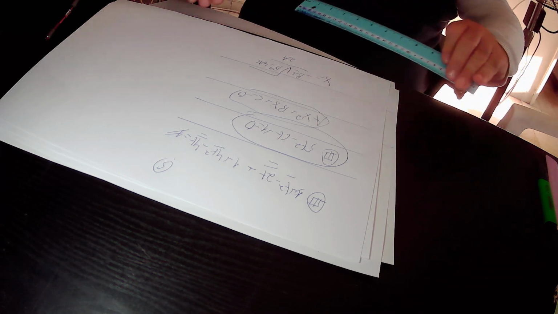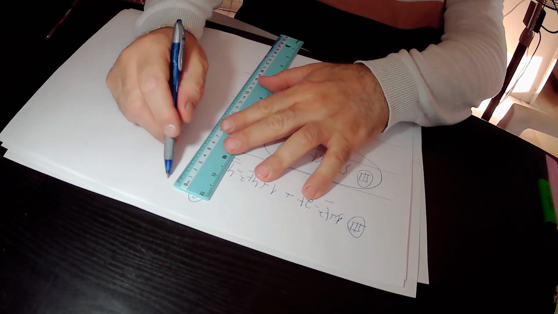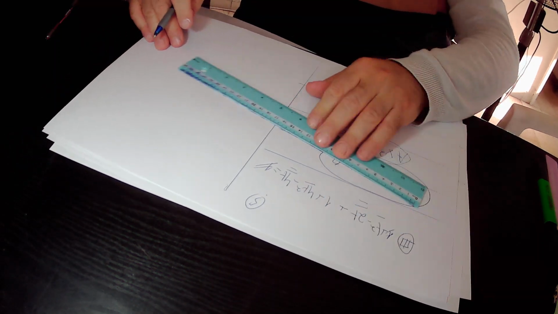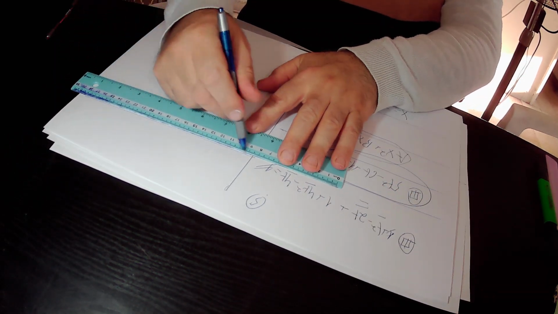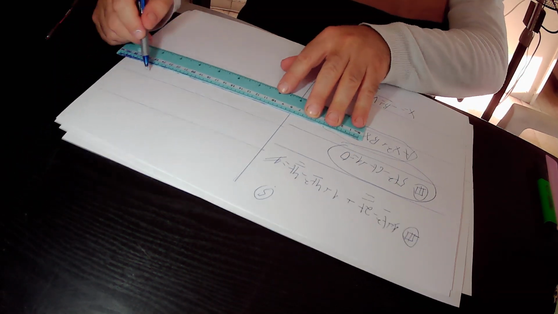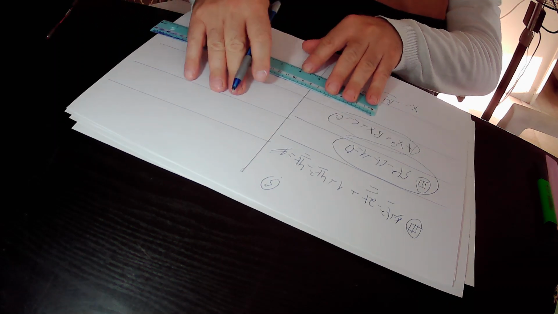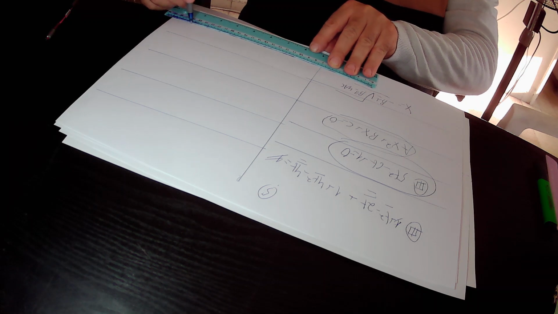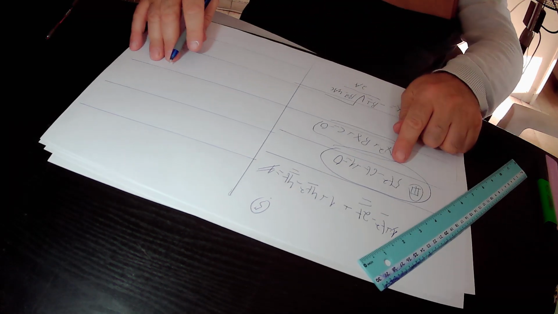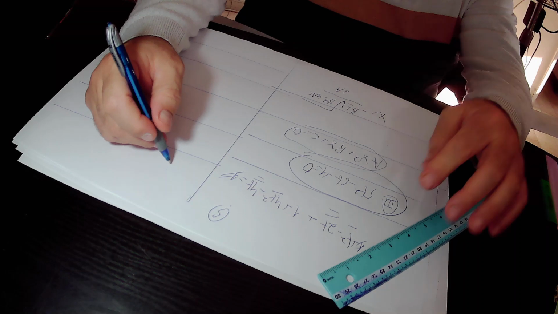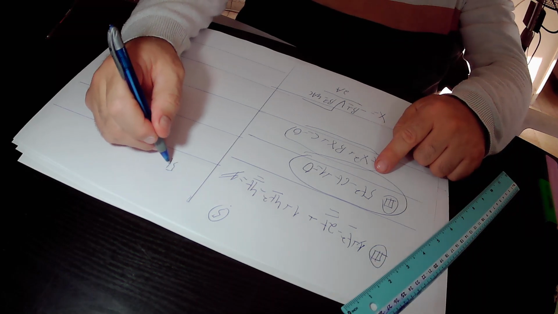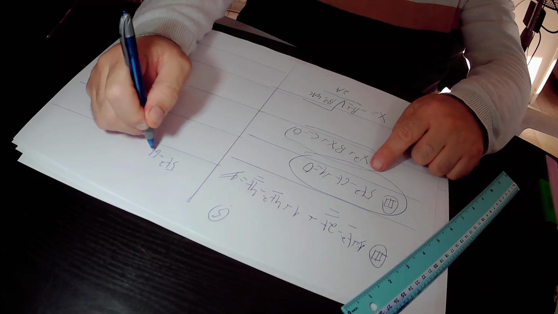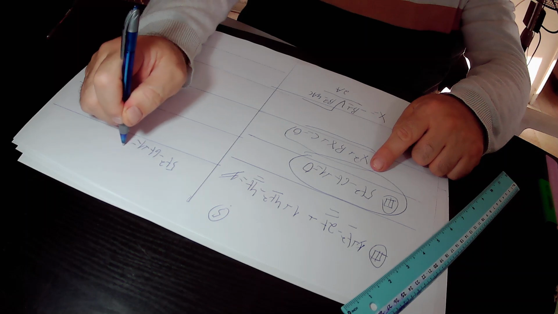Now another specific quadratic equation, that is to say, 5t squared minus 6t plus 1 equals 0.